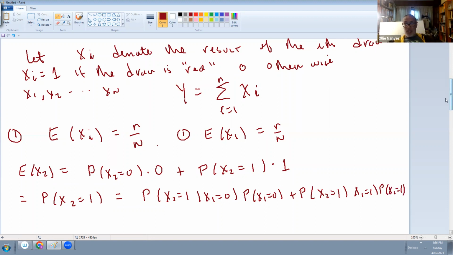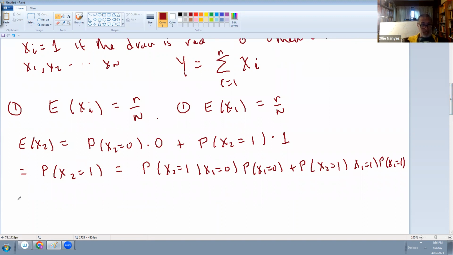And now these are conditional probabilities. For x2 to be red, assuming the first one was not red, there still are r reds left, but there's now N minus 1 balls to choose from. That's the conditional probability here.